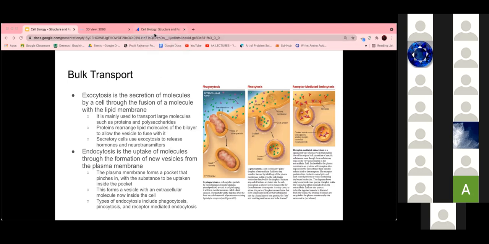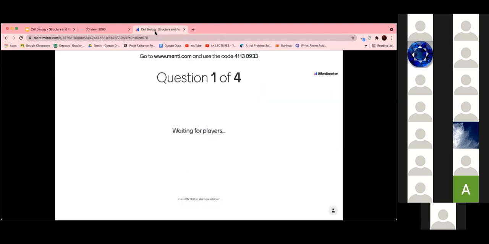I've got a quick Mentimeter, which is just a type of quiz for you guys to play. Let me load that up. So just go to menti.com and enter this code. Then once a couple people join, I'll start.